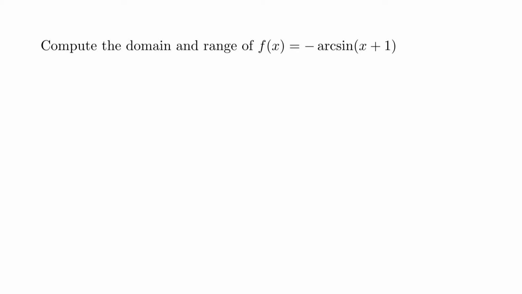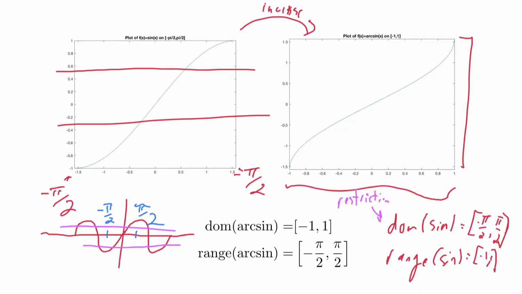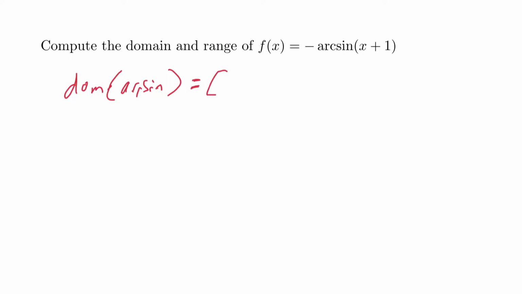So let's, as an exercise, now work with a transformation of arcsine. Let's recall that the domain of arcsine is, well, what did we just see? We saw that the domain was negative 1 to 1.